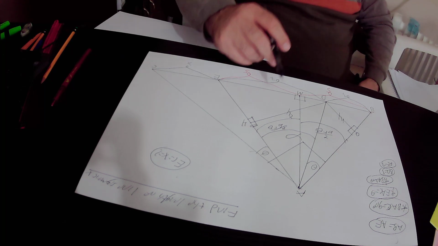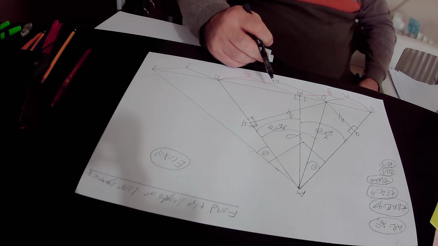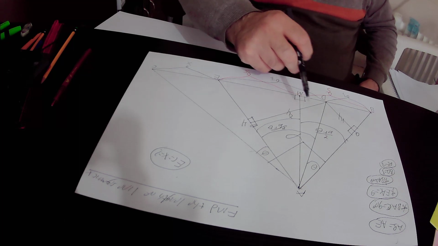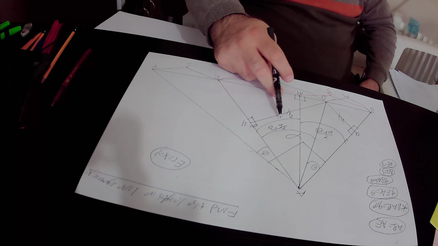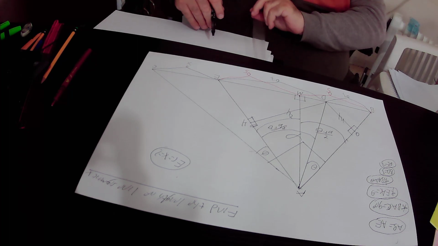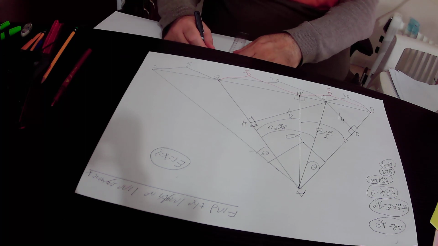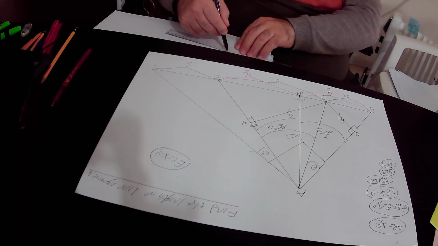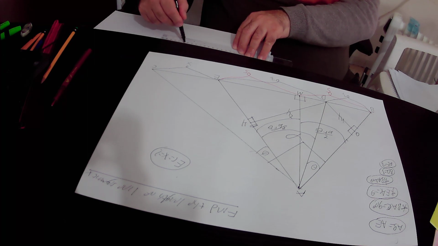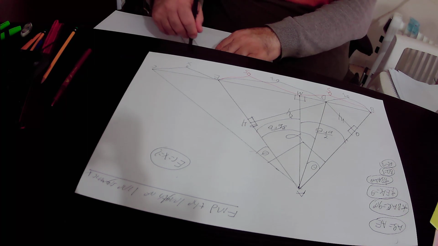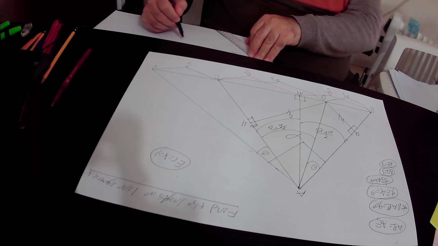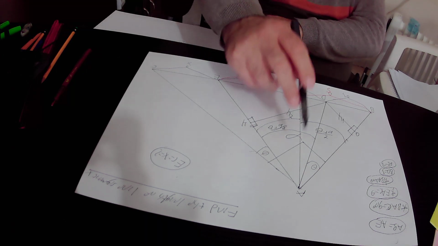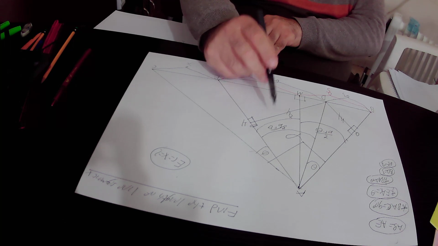You should remember that angle MAE, we just now proved that it equals (theta plus alpha) over 2. Okay, so here angle AME, angle MAE, this angle equals (theta plus alpha) over 2.